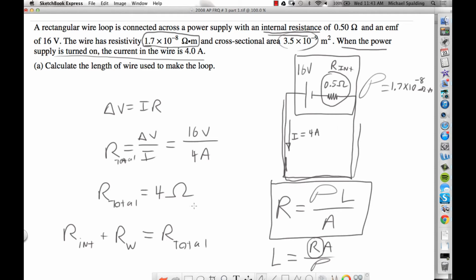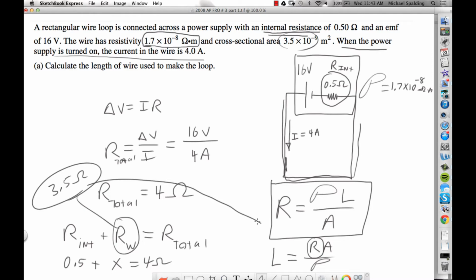So the internal resistance is 0.5 plus X equals 4, since the total resistance is 4 ohms. So what must be the resistance of the wire? The resistance of the wire is 3.5.